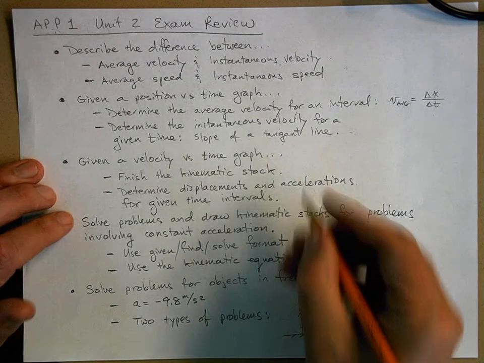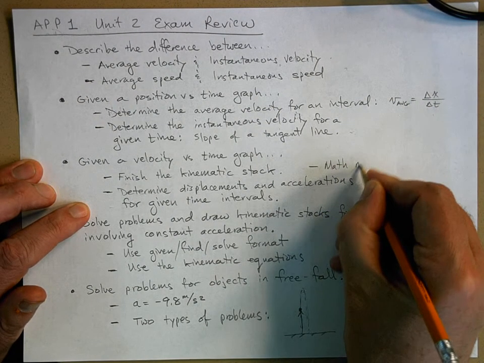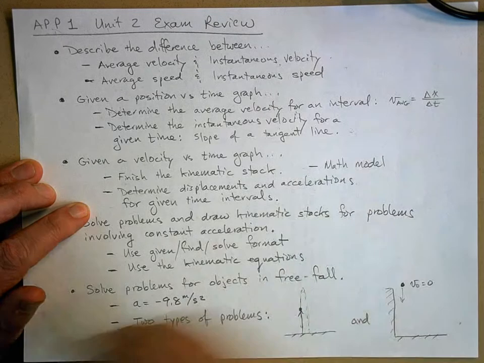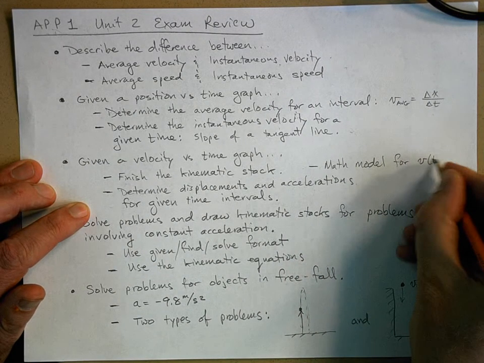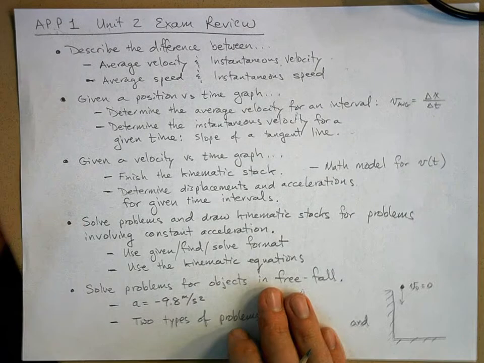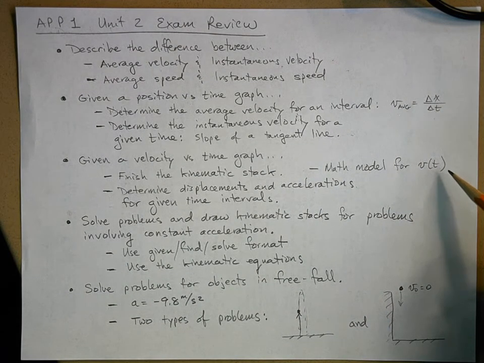And I forgot, I want you to develop a math model for velocity as a function of time. The equation, right? V equals AT plus V naught. What is the acceleration? What is the initial velocity?